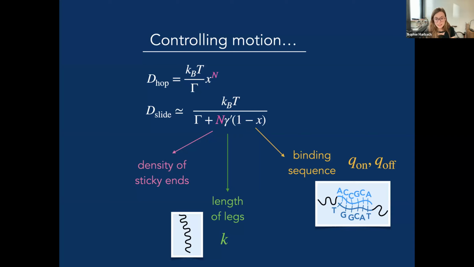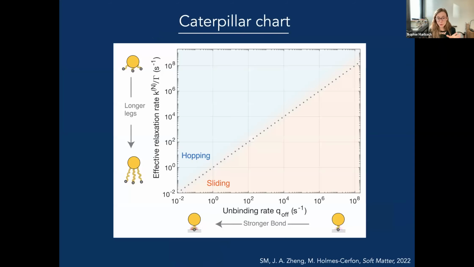And with our model, we established in this context a sort of phase diagram for caterpillars, which has two axes. On the lower axis, you have the strength of the bond. So a very strong bond is towards the left, and a very weak bond is towards the right. So they're very sticky towards the left.